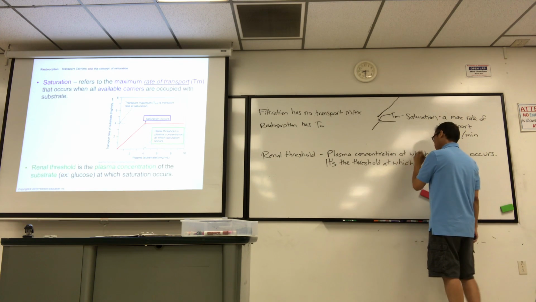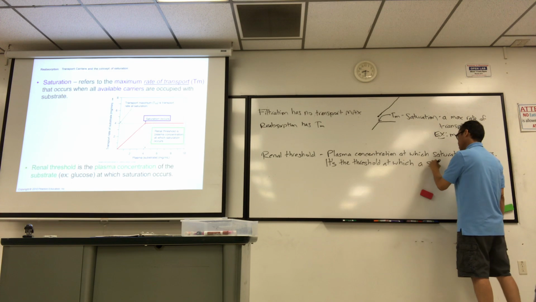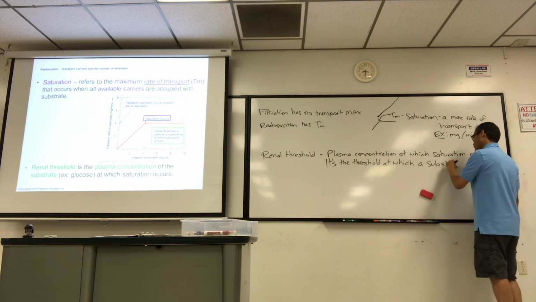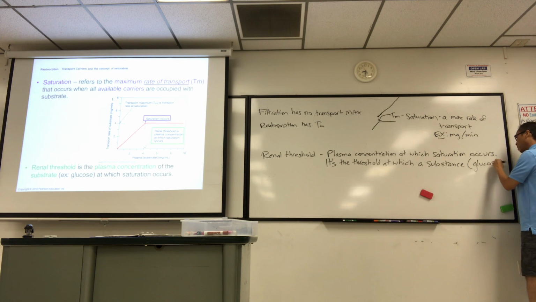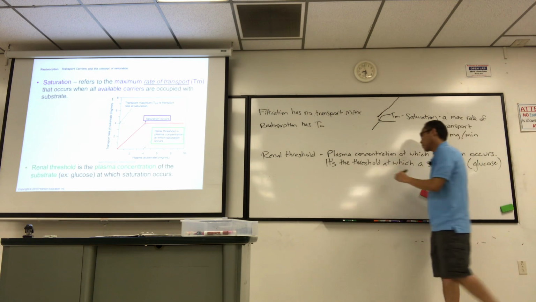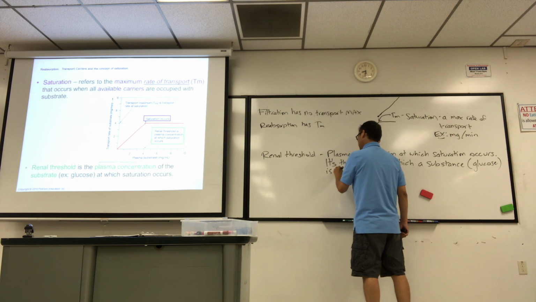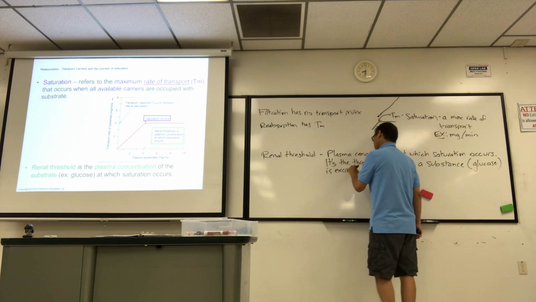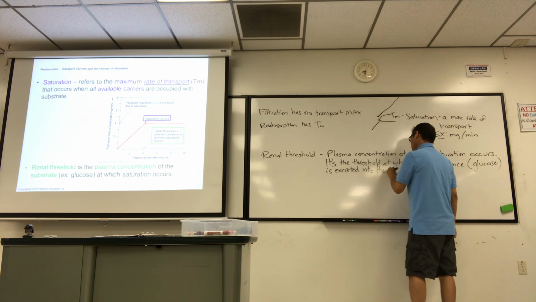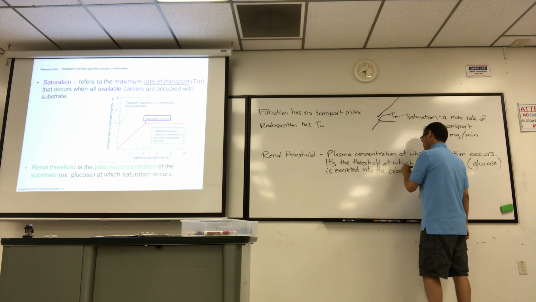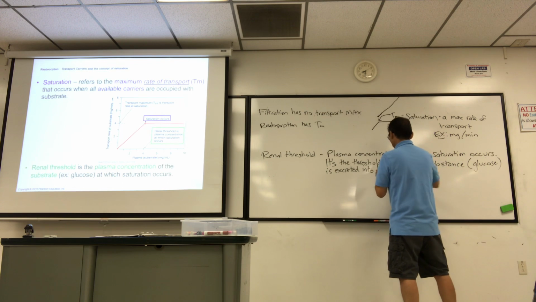It's the threshold at which a substance, and let's use glucose as an example, is excreted into the urine.